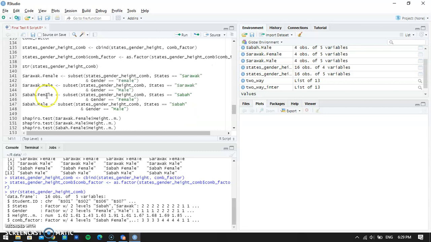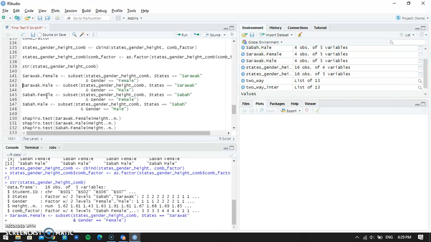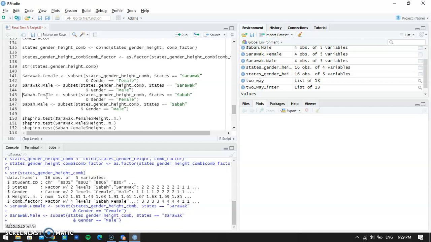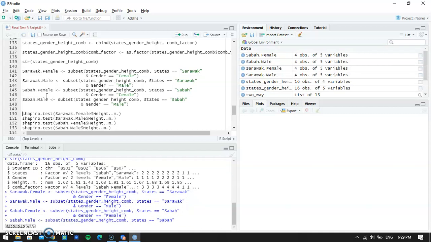Next, I've broken up the combined factor into 4 subsets, which are Sarawak female, Sarawak male, Sabah female, and Sabah male.